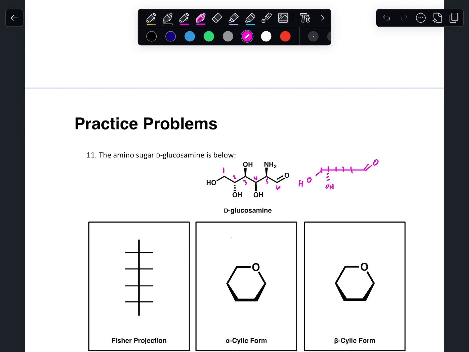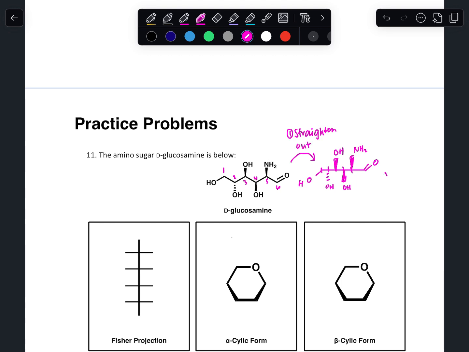We have that double bonded oxygen on one end, the alcohol on the other, and then we can fill in our wedges and dashes. So the first step there is to straighten up or straighten out our skeletal structure.